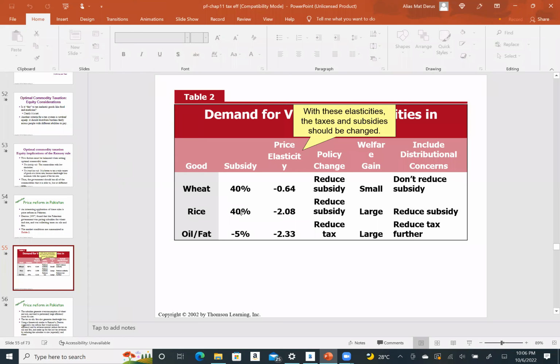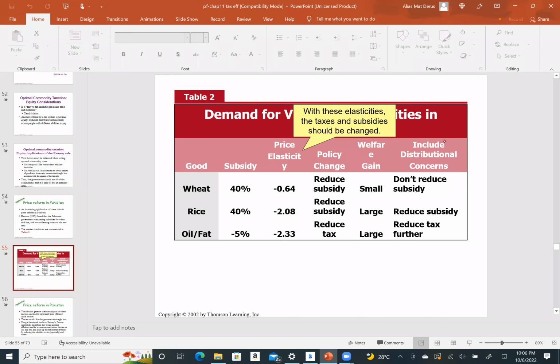Now rice also reduce subsidy, maybe to 15%. All right, and then here use tax. So this is the suggestion.